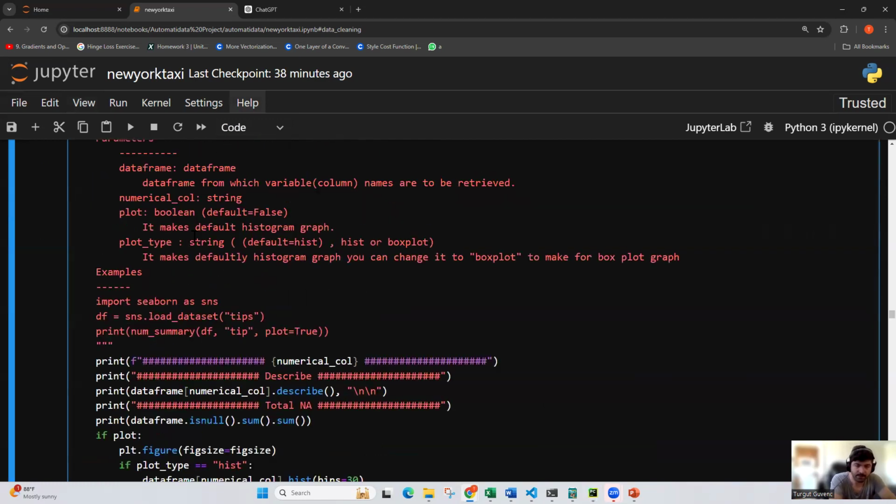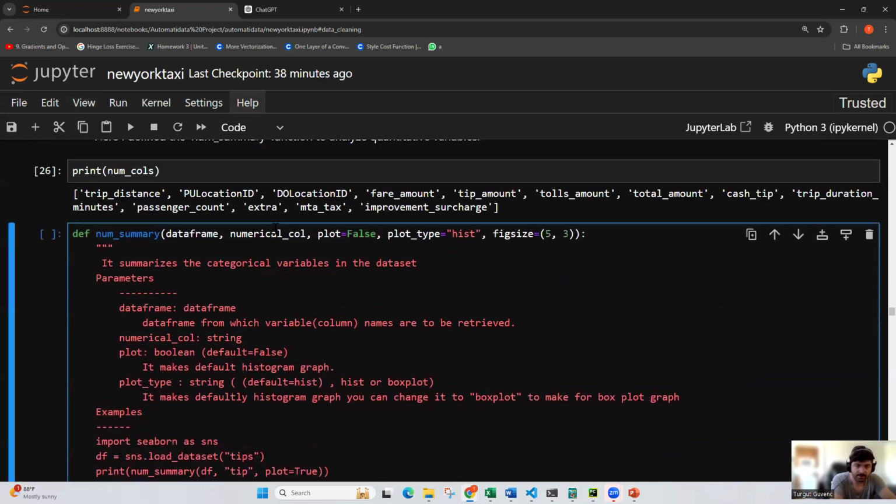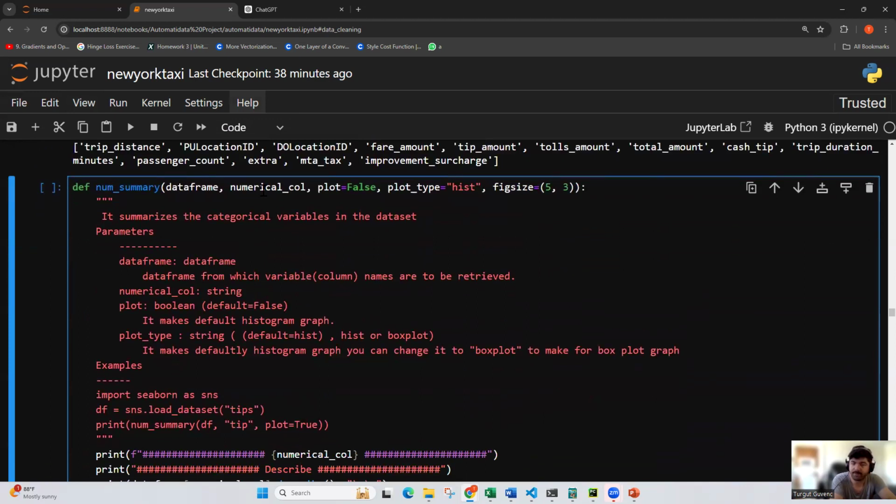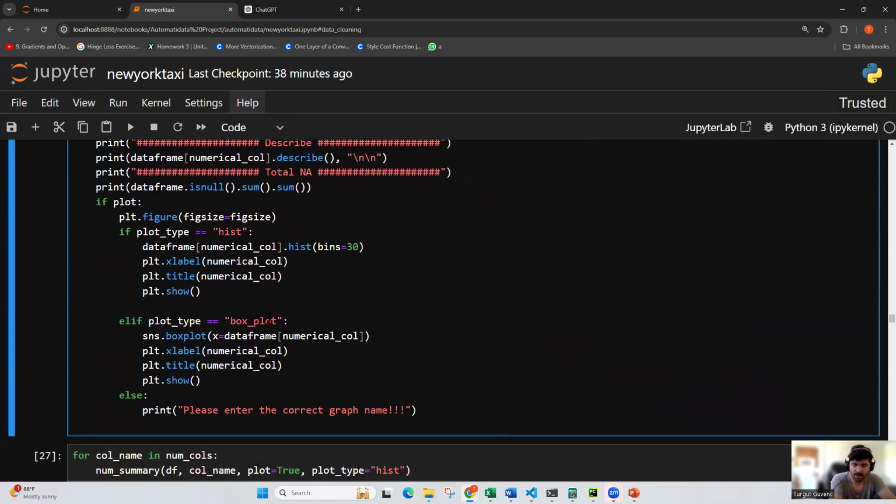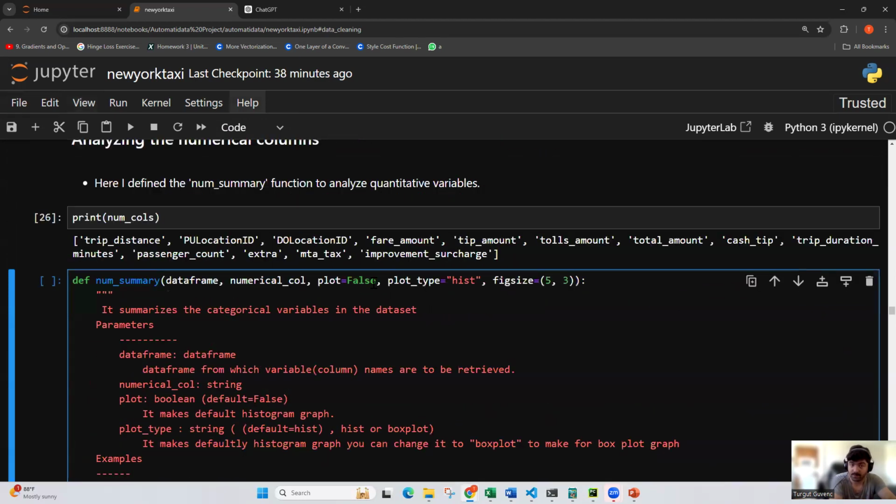It takes a data frame and a numerical column, and there's a default plot value and plot type, histogram. You can change the plot type to box plot as well, right? If you say plot true, you can pick a box plot too. And as you guys know, a box plot can show us the outlier values as well, right?